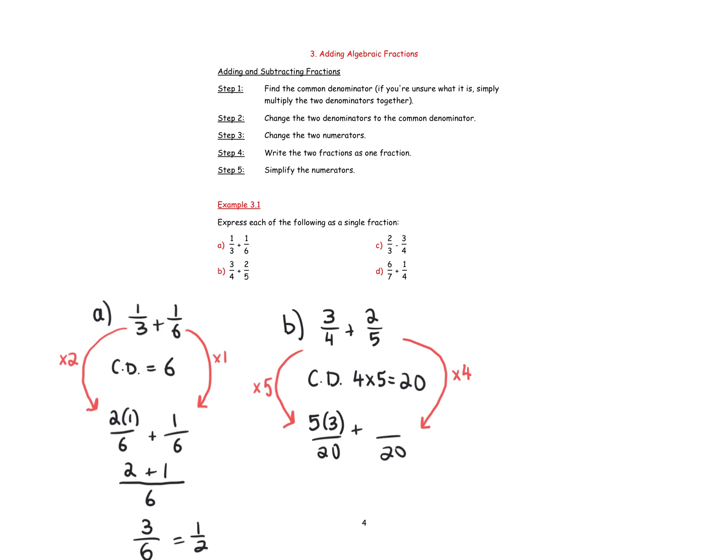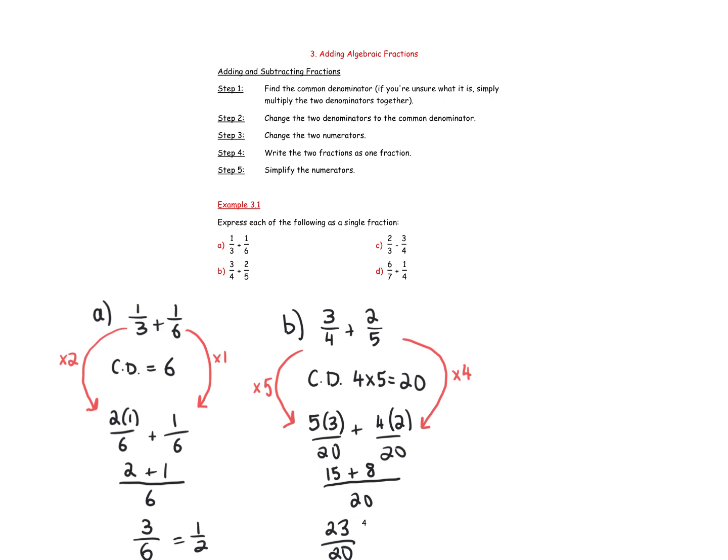That means we have to multiply the top by 4 too. Then we write both over 20 and multiply the numerators out. Then we get 15 plus 8 over 20. 15 and 8 will give us 23 over 20. And that's the answer for part B.